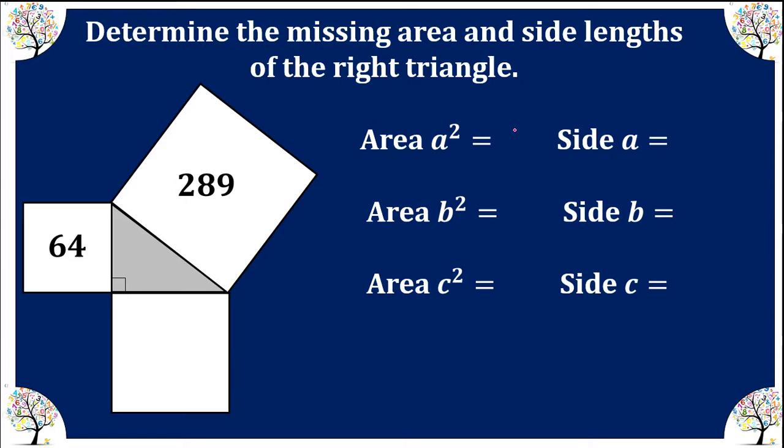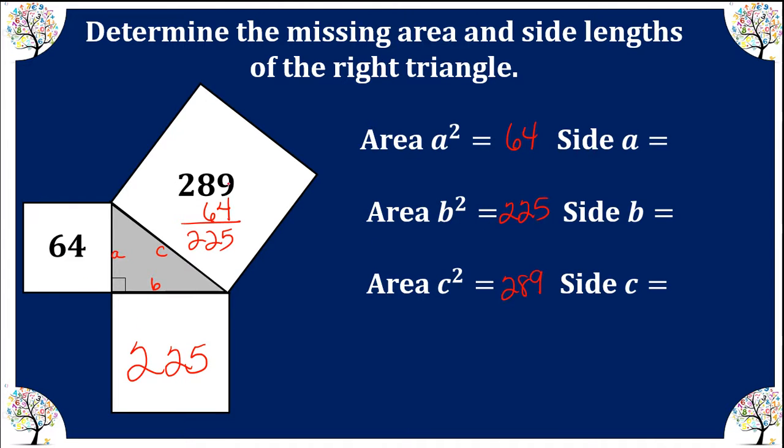So area A squared is 64. We don't know the area of B squared. The area of C squared is 289. So we are going to subtract 64 from 289 to get B squared. And this gives us an area of 225.